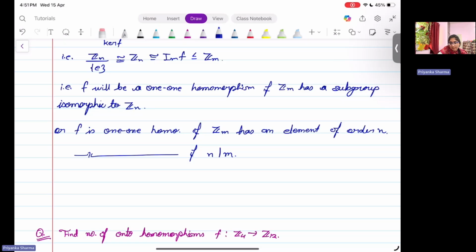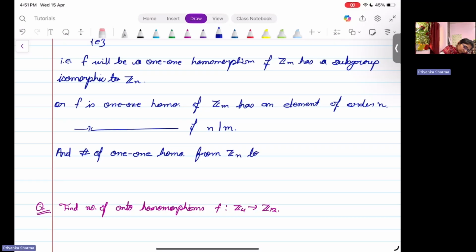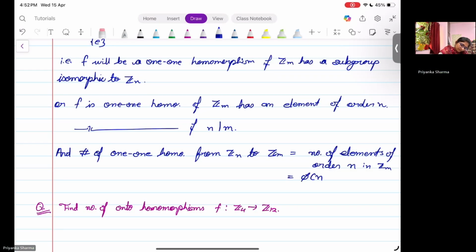For that, we need to find the elements of order n in Zm. And the number of 1-1 homomorphisms from Zn to Zm is the number of elements of order n in Zm, which is phi of n.